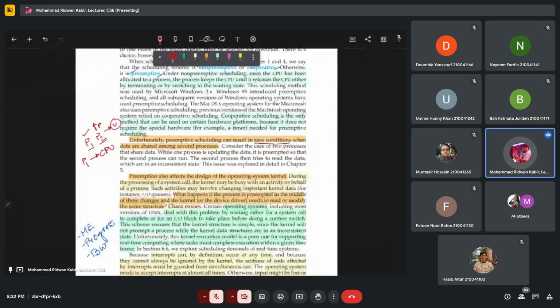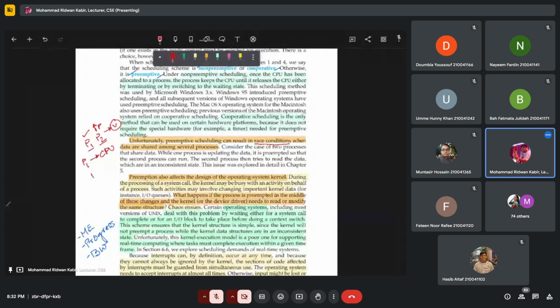Whenever P2 arrives in the system, the scheduler will find P2 to be of higher priority. In that case, it will definitely preempt or interrupt process P1, move it out of the CPU and give the CPU to P2. But you have to be careful about this shared variable, because this will lead to race conditions given that the variable values are not reflected correctly in each of these processes while the transition takes place.